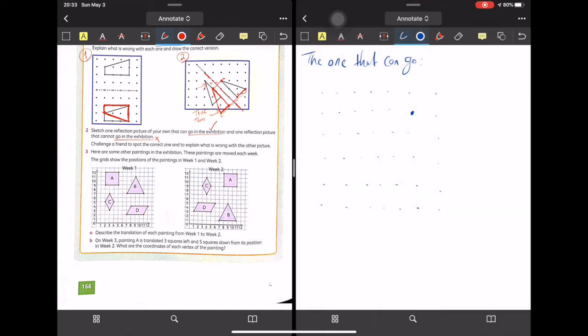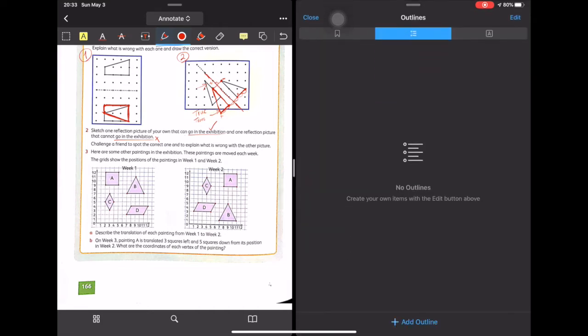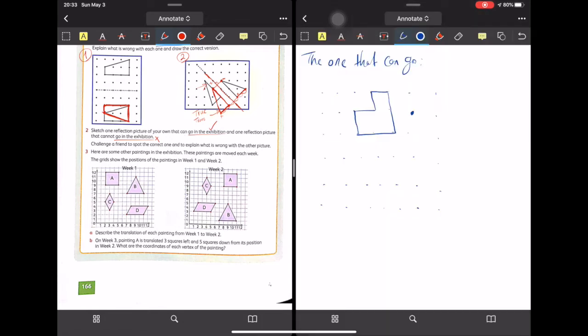For the correct one, I would say this is my shape. And this is my mirror line.